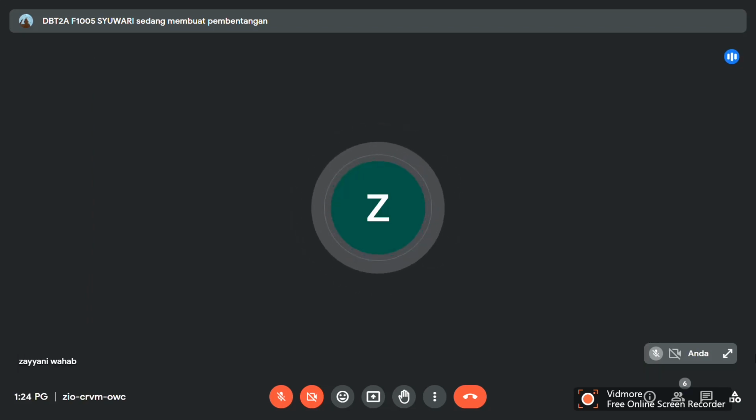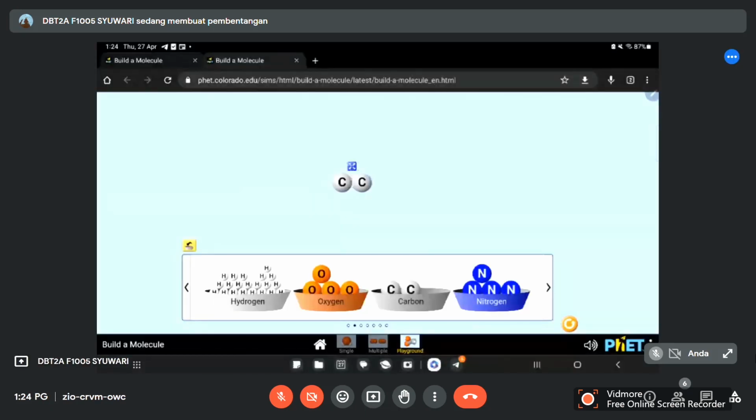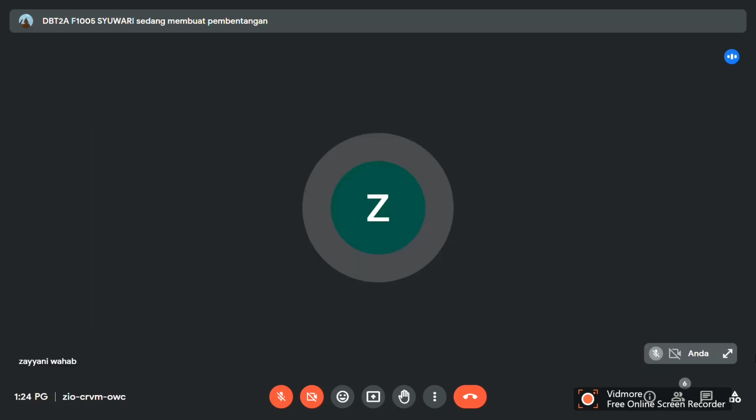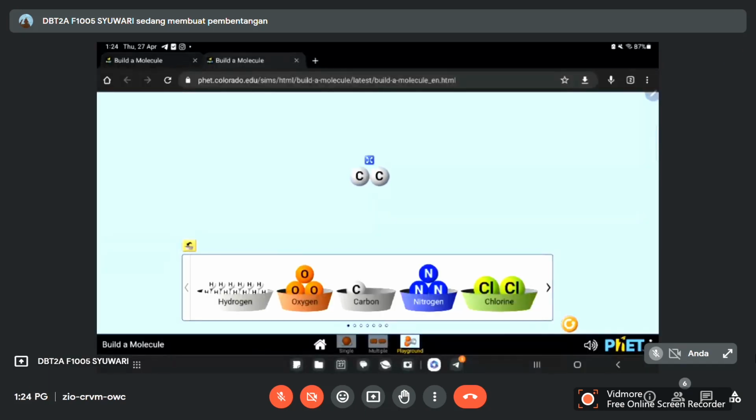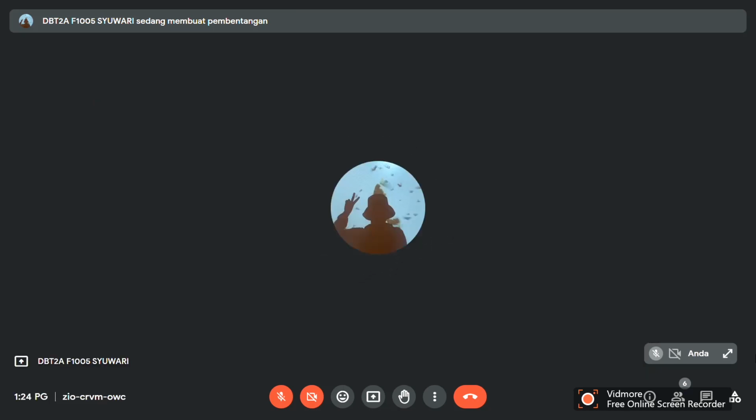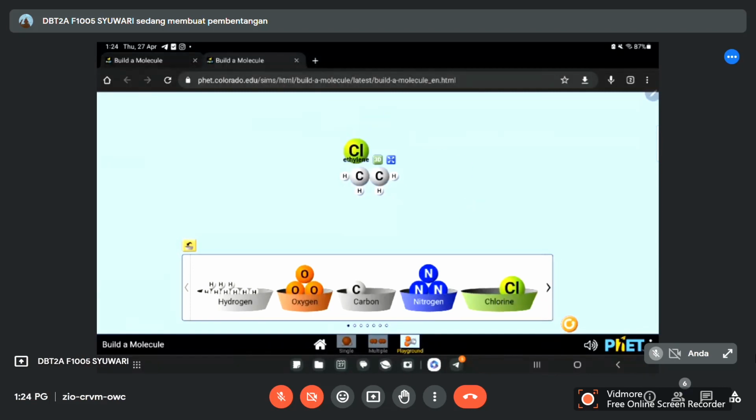We need 2 carbon, 2 chlorine, and 4 hydrogen. 2 carbon, 4 hydrogen, and 2 chlorine. This is chlorine. So we get here the 1,2-dichloroethane structure of the molecule.